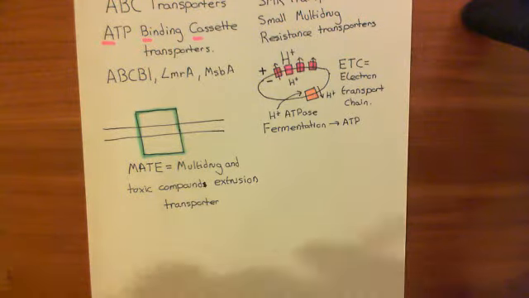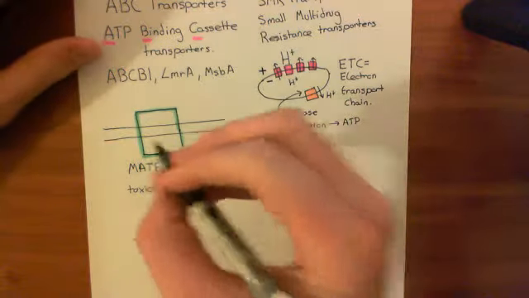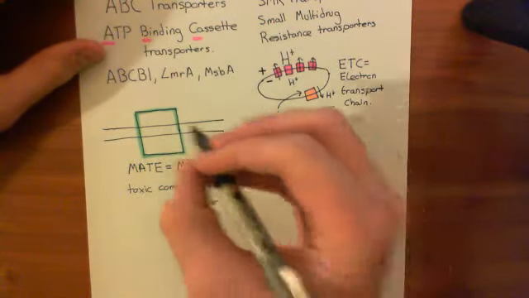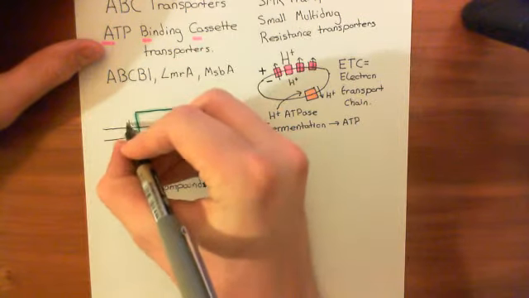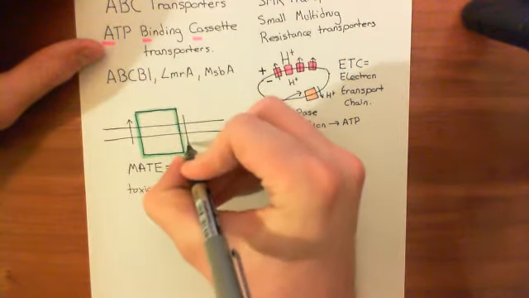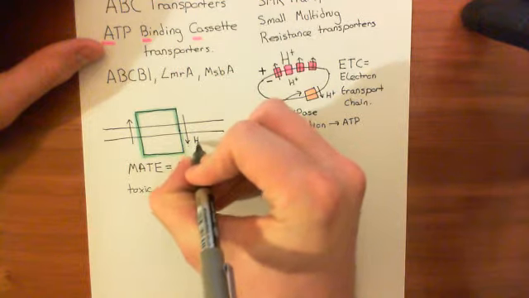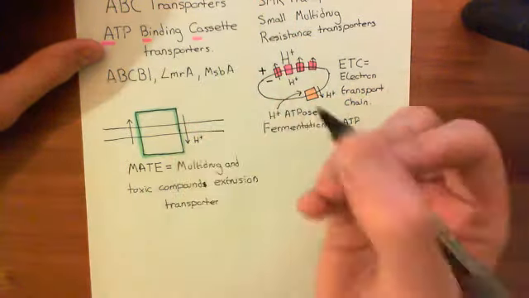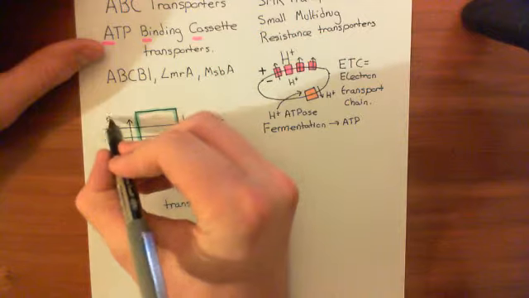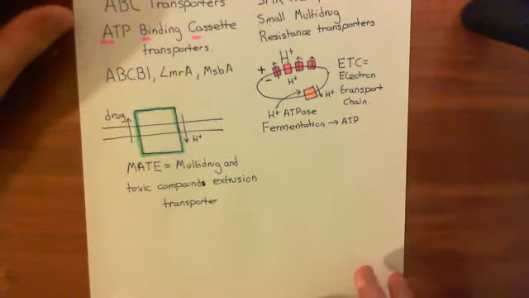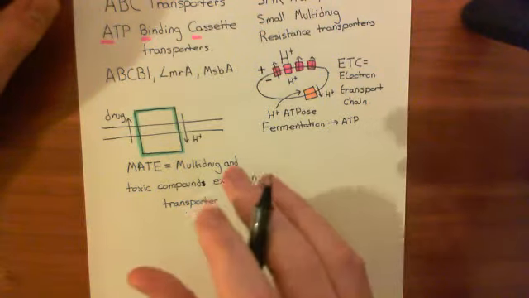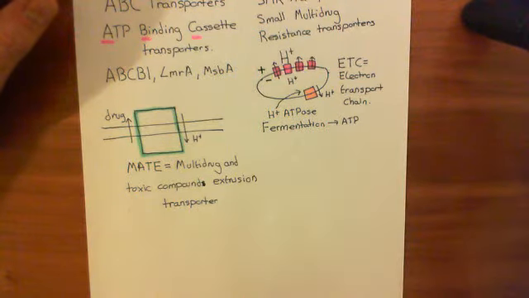So multi-drug and toxic compound extrusion transporters, again, are a massive family of proteins in the cell membrane, and they work by secondary active transport, again with this proton gradient. So they allow protons to move back into the cell in exchange for the drug being moved out of the cell, or the toxic compound indeed. Okay, so there's another family which we'll be hearing a lot about.